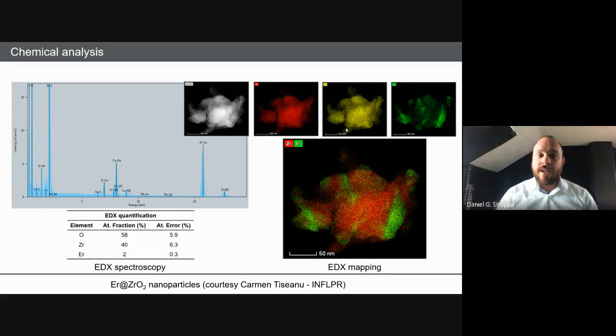So one of the strong features of TEM is that you can alternate between imaging and diffraction modes, and I'll go into more detail later on. And with electron diffraction, you can study the crystallography of your sample.